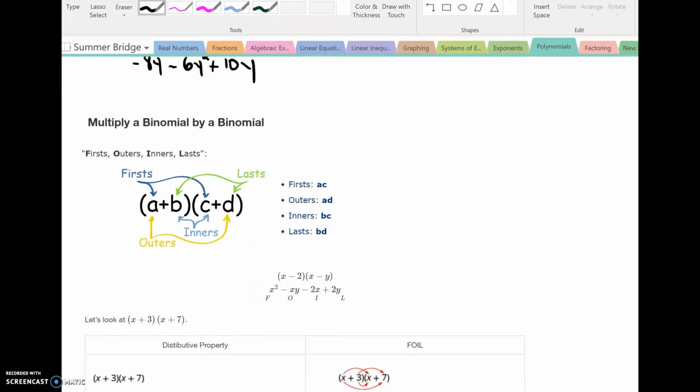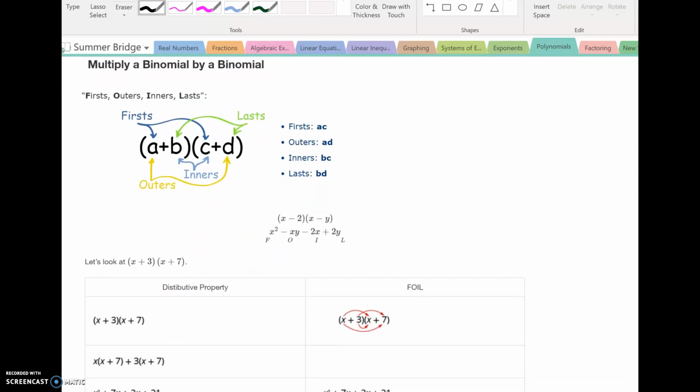All right? Now, things start to get fun when you are multiplying two binomials together.